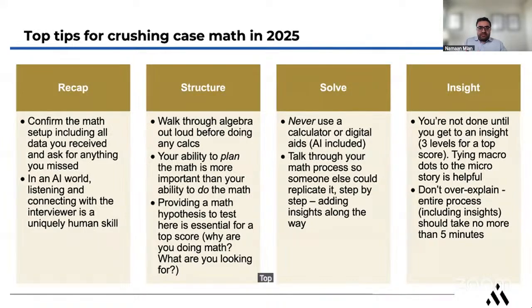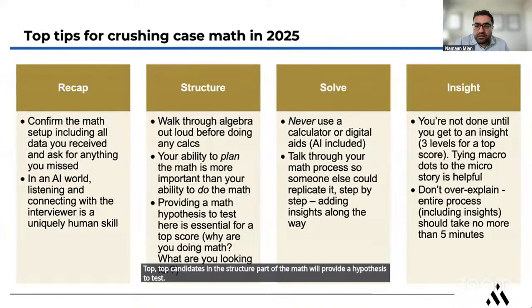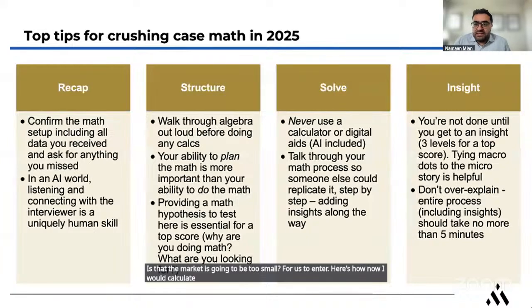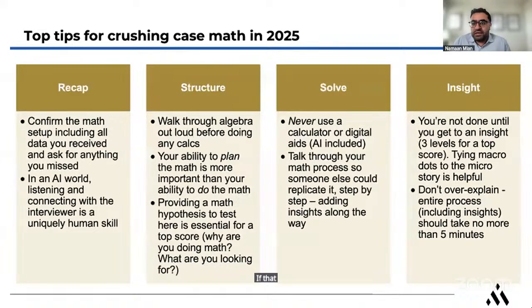Top candidates in the structure part of the math will provide a hypothesis to test. They'll say, you know what? What I expect to find here is that the market is going to be too small for us to enter. Here's how now I would calculate market size to see if this market really does make sense for a client to enter or not.